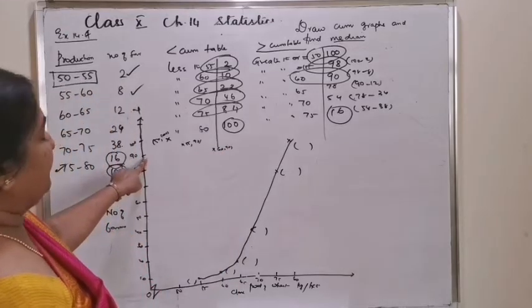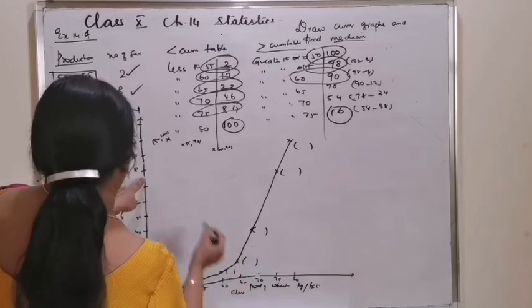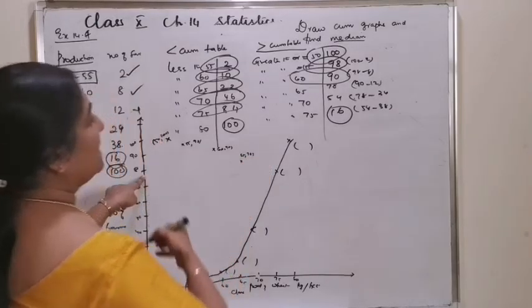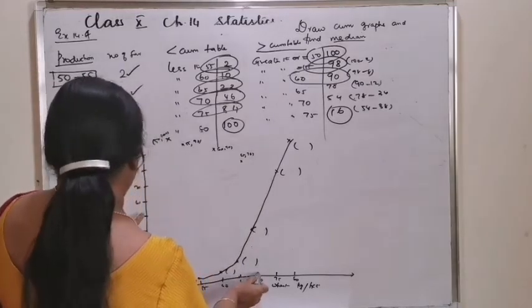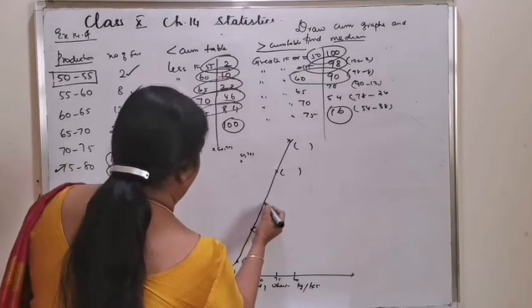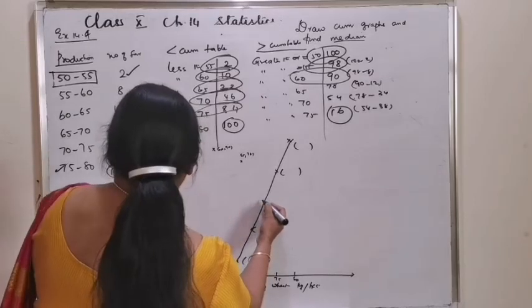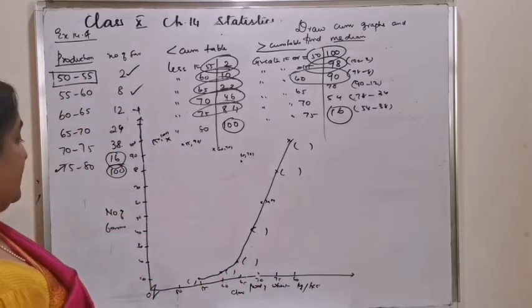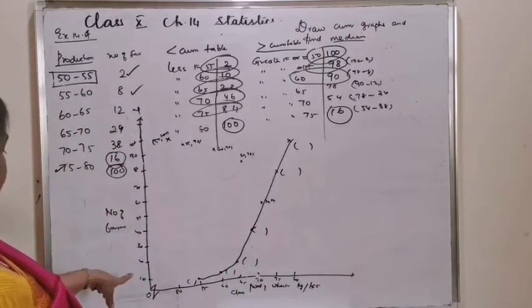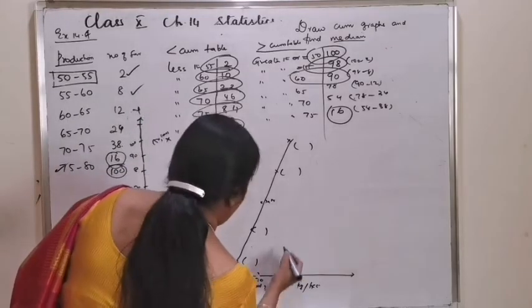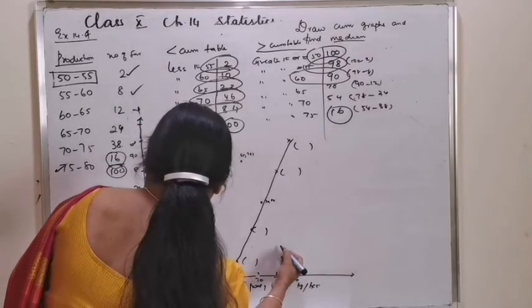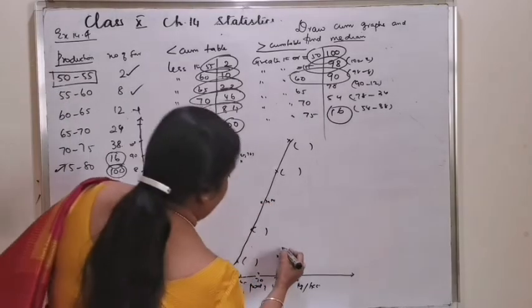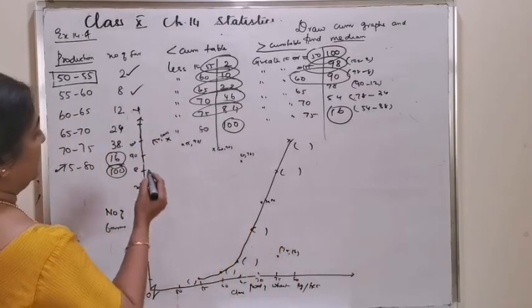The next one will be 65, 78, approximately. 70, 54. 54 is approximately here. Then 75 with 16. 75 with approximately 10 plus 5, 16 will be approximately here. You can see it will be a falling graph.